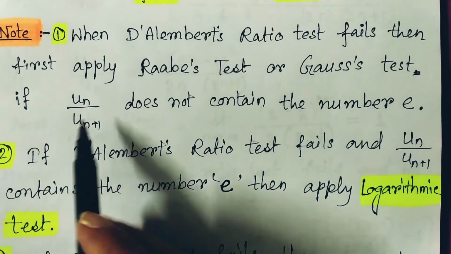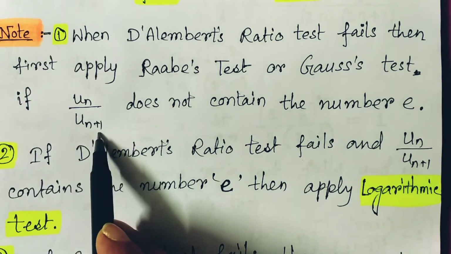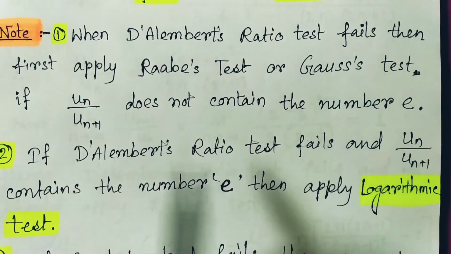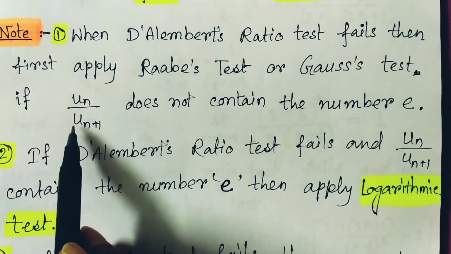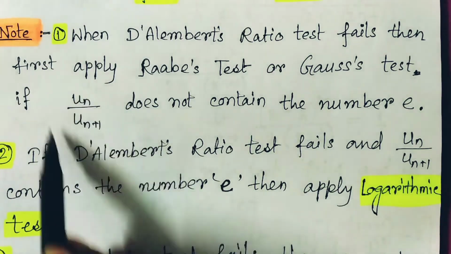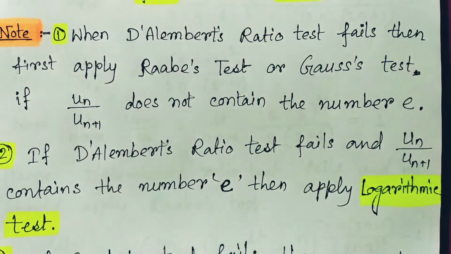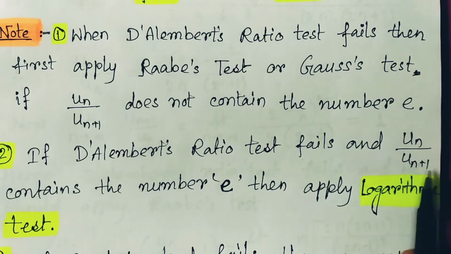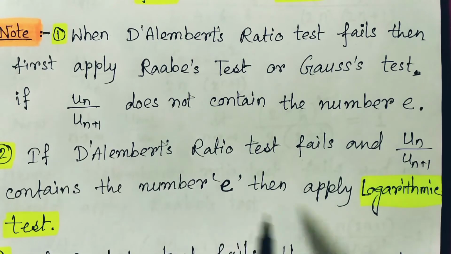And if un by un plus 1 does not contain the number e, that means the expression of the kind (1 plus 1 by n) to the power n, then we apply the Raabe test, otherwise not.